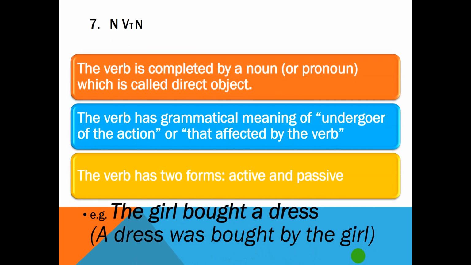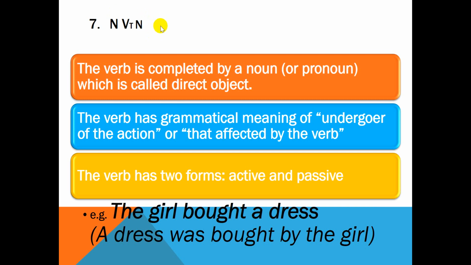Starting from pattern 7, we are going to use transitive verbs. Since a transitive verb needs an object, the noun after the transitive verb is the object. So we have subject, transitive verb, object. The verb is completed by a noun or pronoun, which is called the direct object.